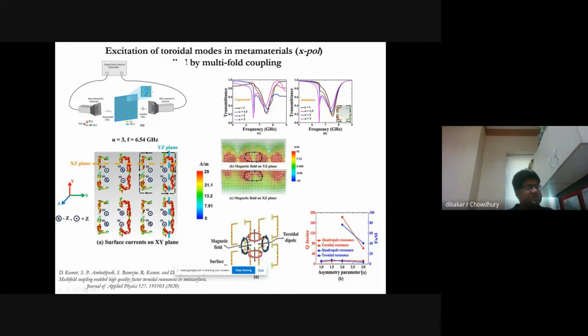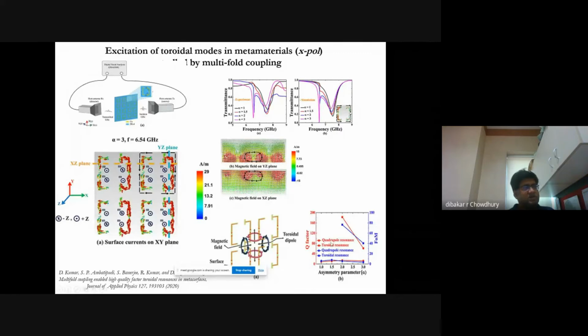So this is the picture. You can see that the magnetic field lines are confined across the resonator, and that explains the appearance of this strong resonance mode, or high quality factor mode. We further saw that the quality factor went up to close to 200, with a high figure of merit around 80.